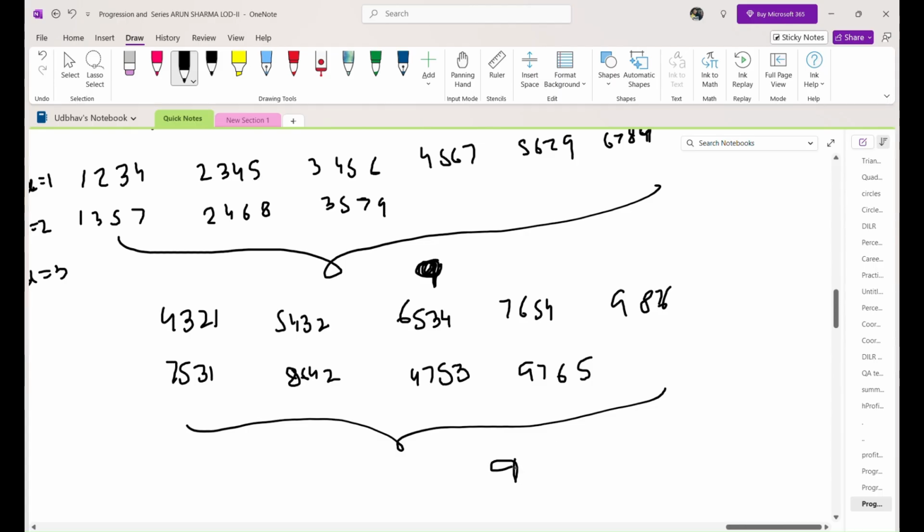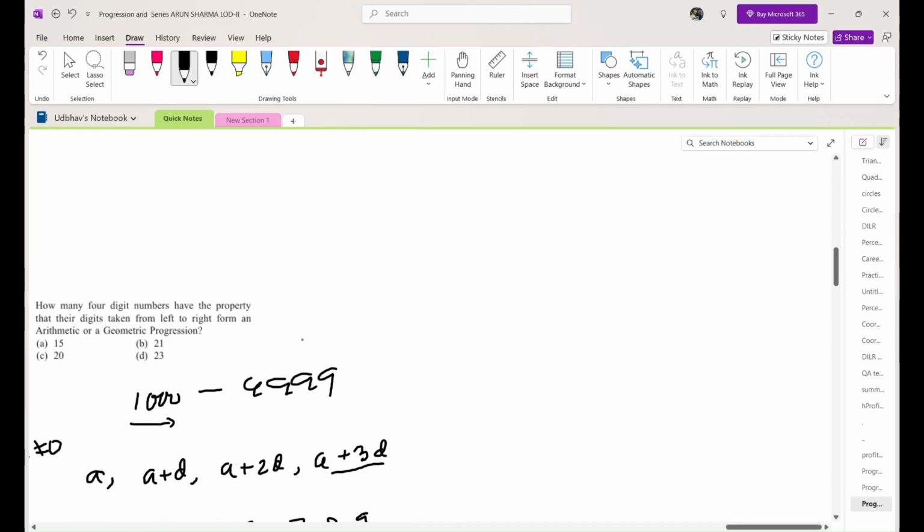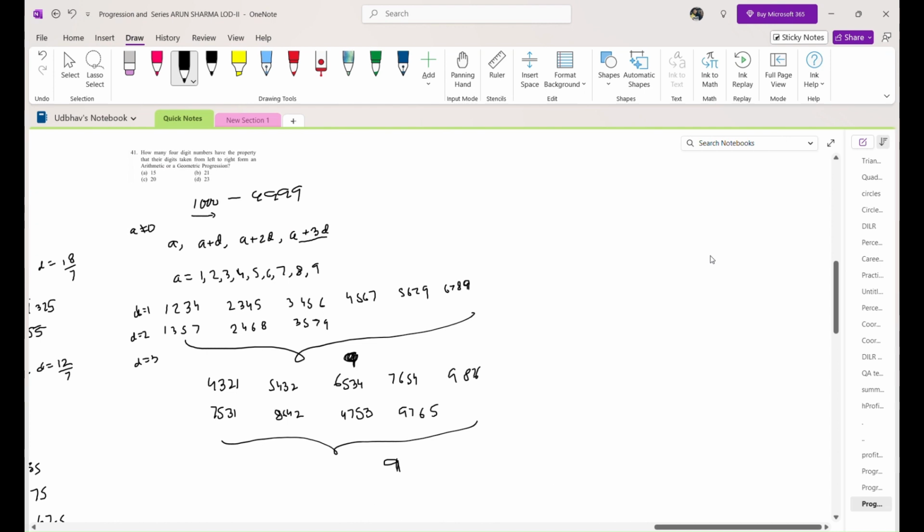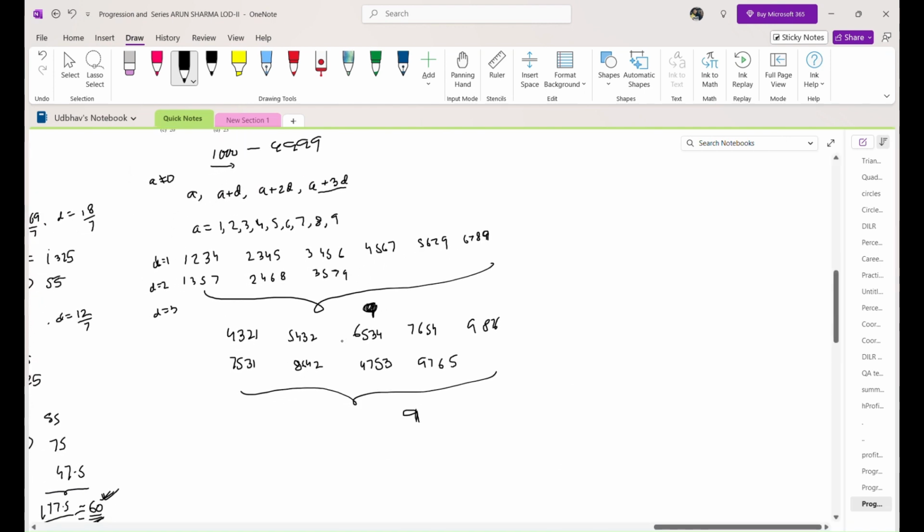So again 9 numbers. Here these are 9 numbers.